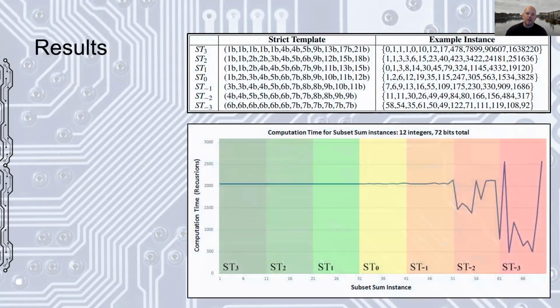Okay, so let's look at some results. I should say that I find them quite trivial looking back now, but still they give some new insights. The instances are here, 1 to 10, and 1 to 10, and 1 to 10 for all these different templates. And basically what you see is that from ST0 upwards to ST1, ST2, and ST3, all subset sum instances, all partition problem instances, are equally hard.